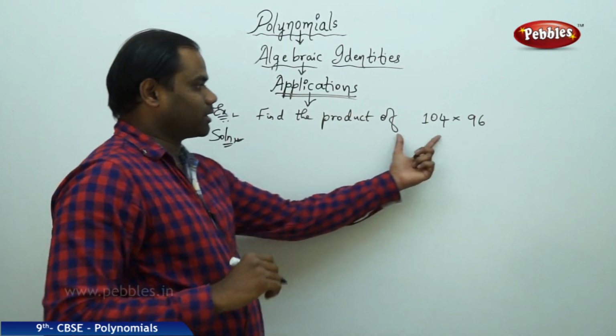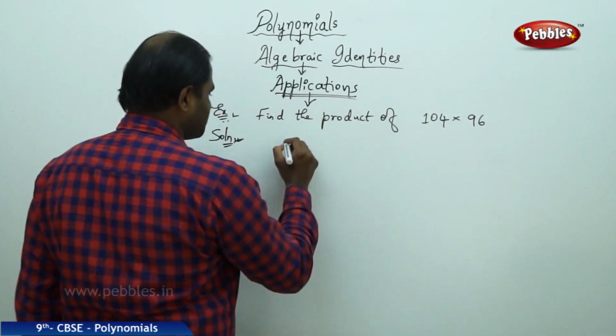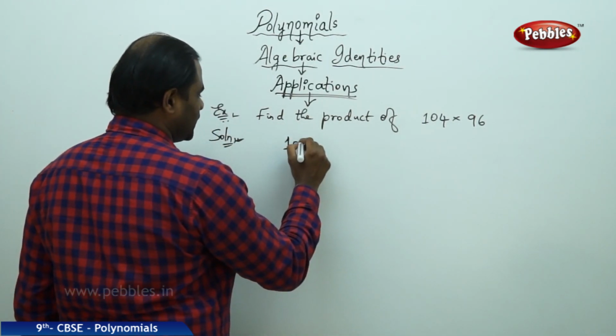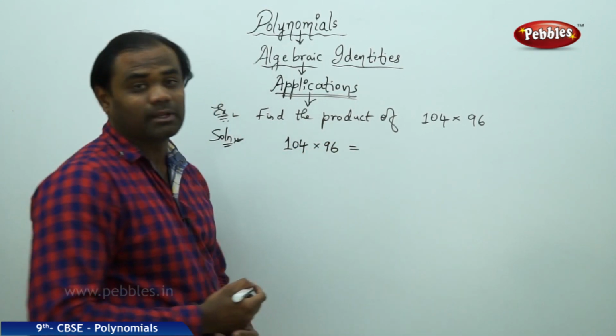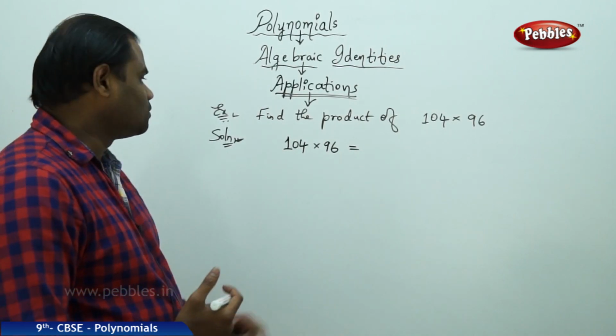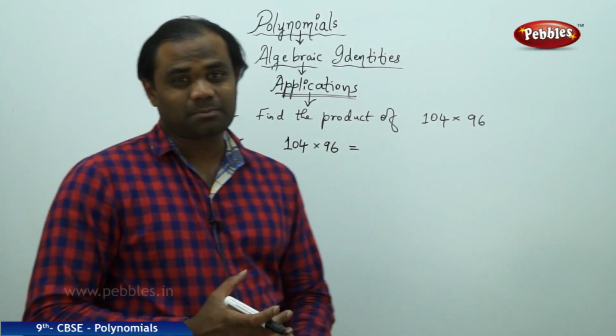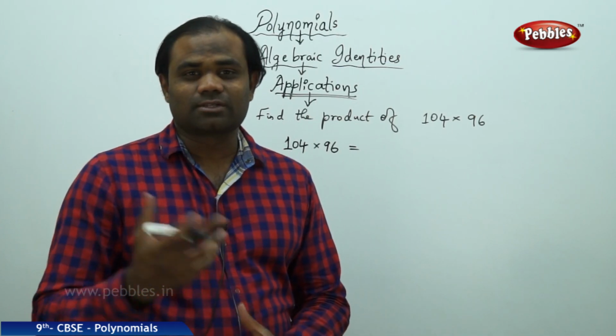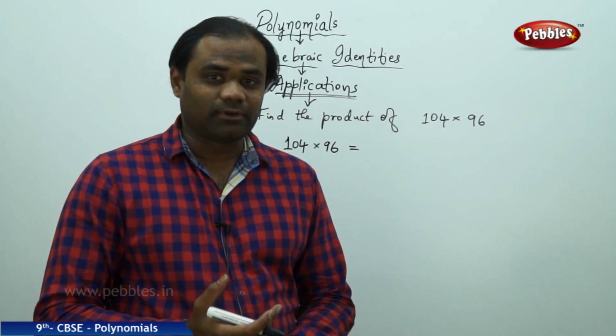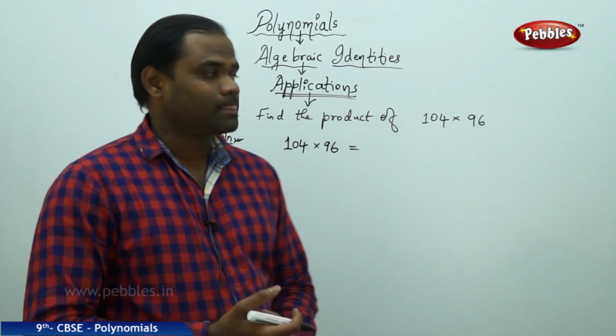Let's take the given product which needs to be simplified. I have this to be 104 times 96, which I need to multiply. So in order to do this, I try to express this in one of the algebraic identity forms so that I can use it as a formula, and then the simplification becomes easier.